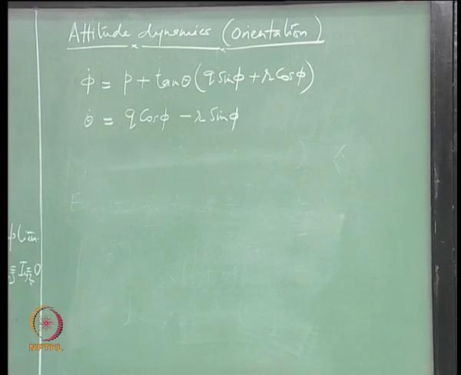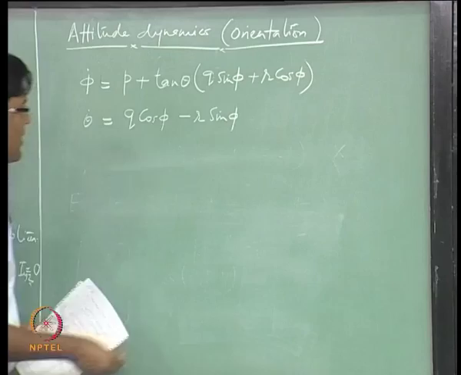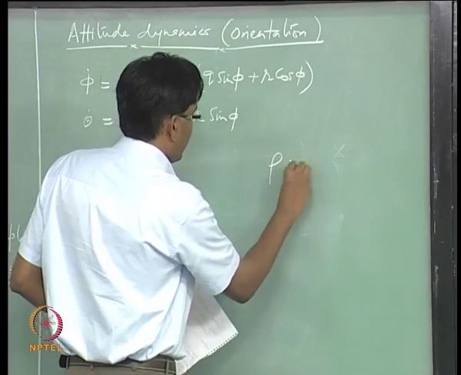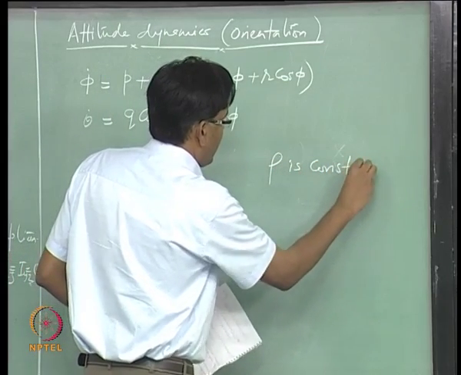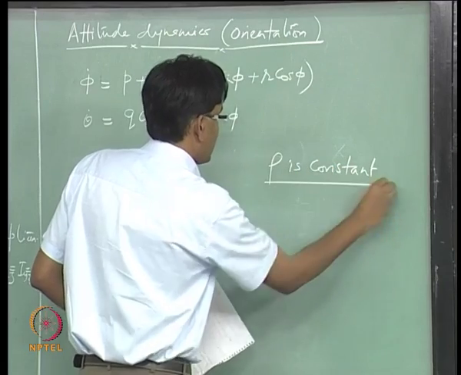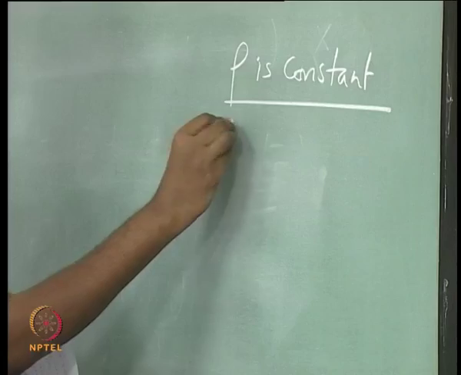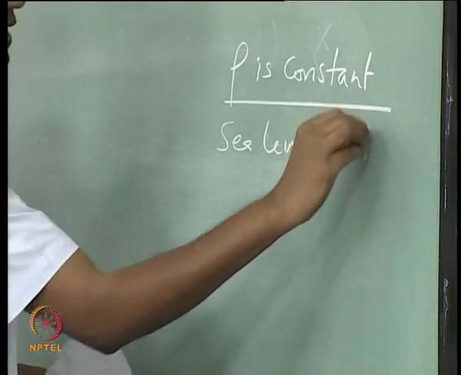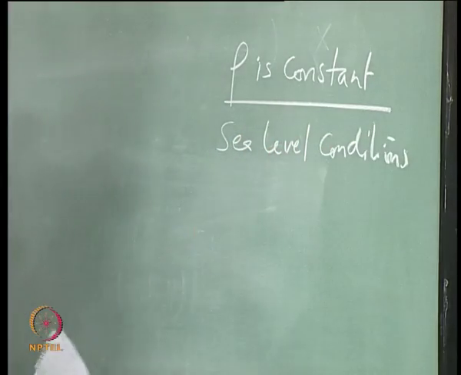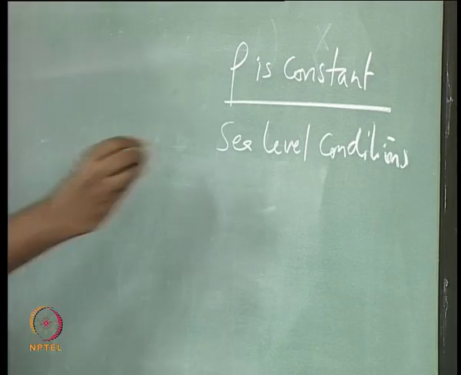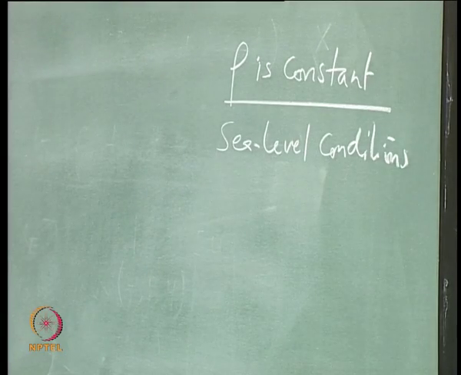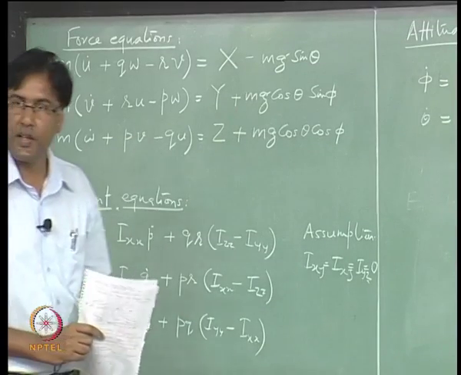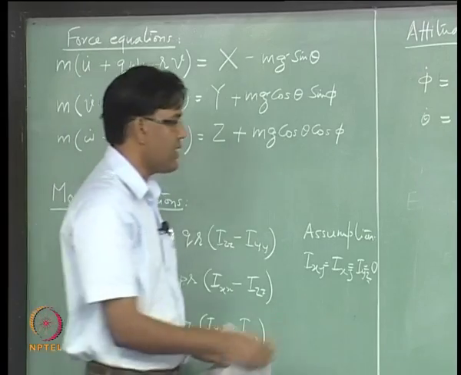So, we are assuming that the density is constant. So, we are going to look at the dynamics only at sea level conditions. Okay, so now 2 plus 3 and those 3 force equations. So, we have now 8 equations, right.